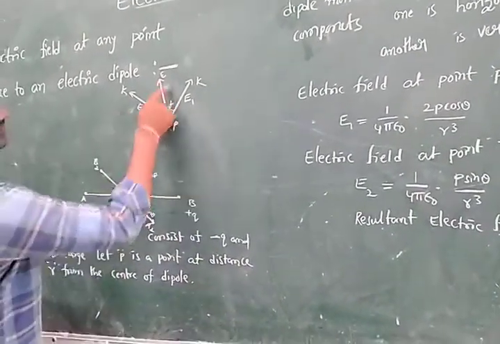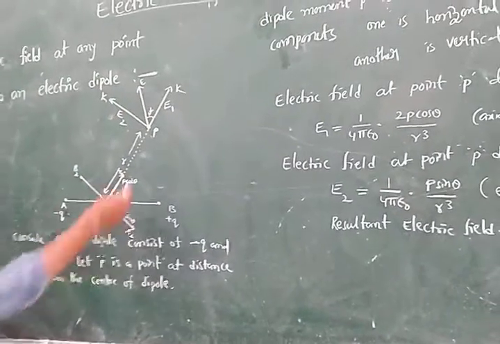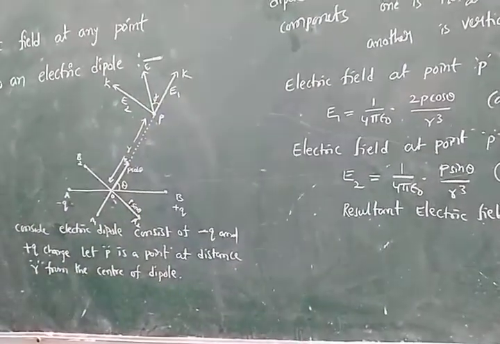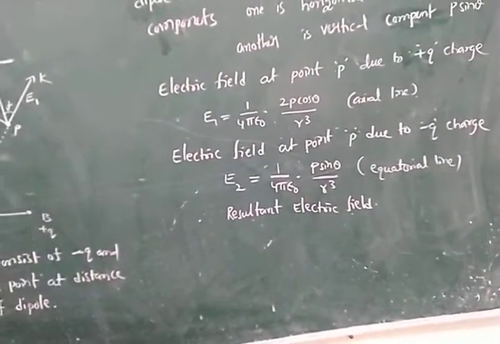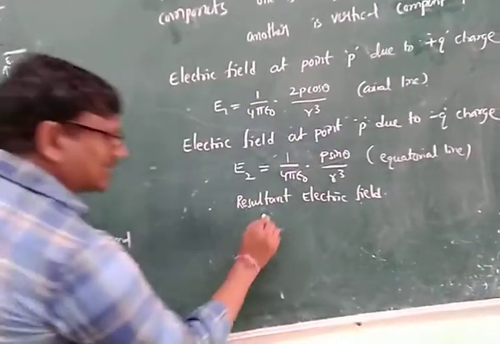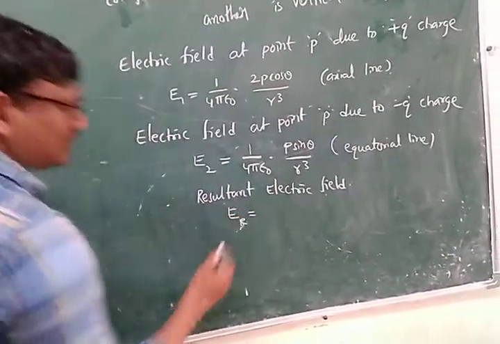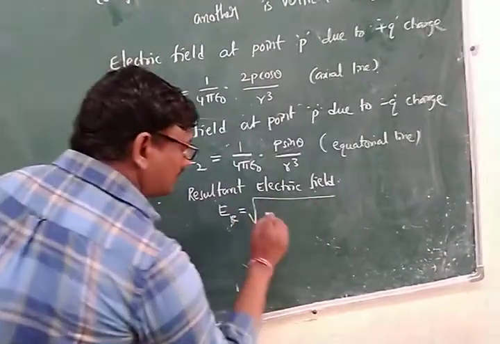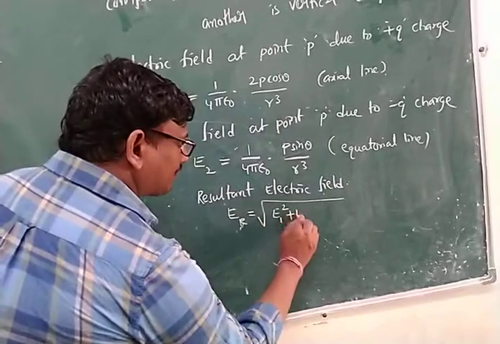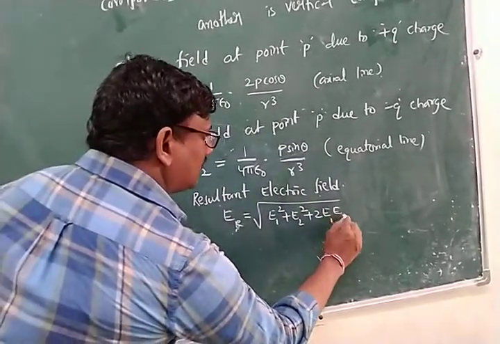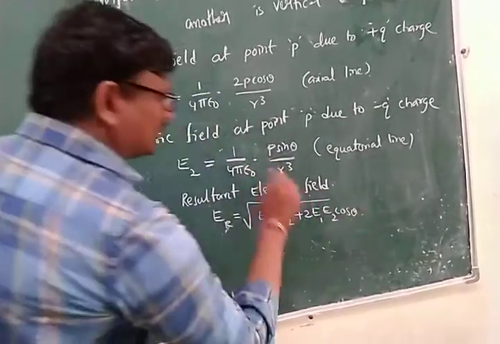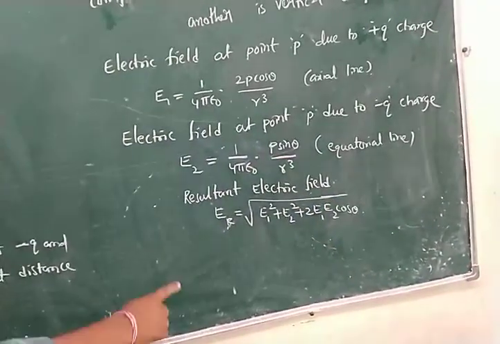Their resultant E is acting in this direction, making an angle alpha. The resultant electric field ER is equal to the square root of E1 square plus E2 square plus 2 E1 E2 cos theta. This is the resultant vector formula.